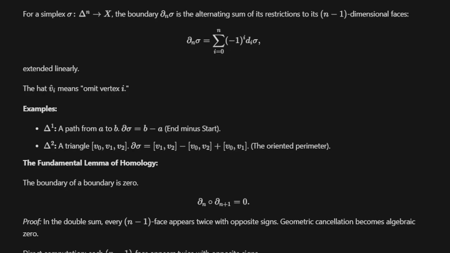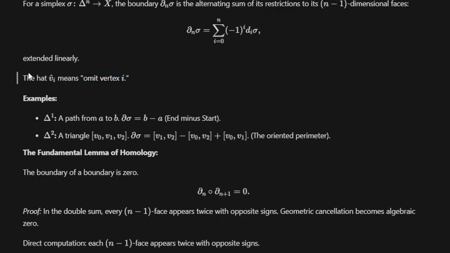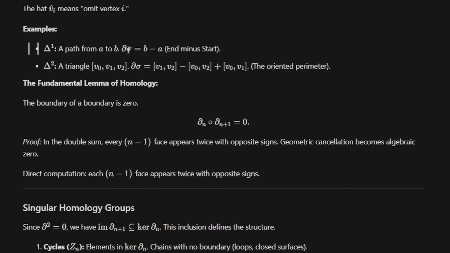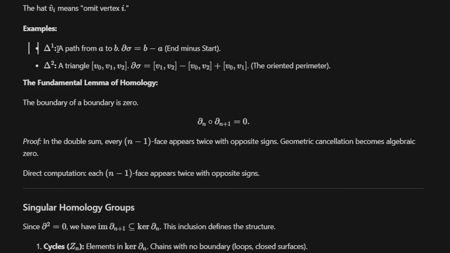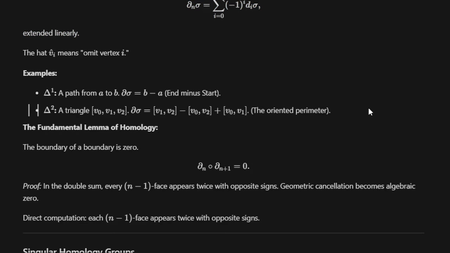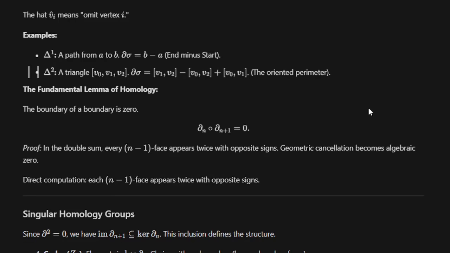And what that means is, if you have v hat here, that means omit the ith vertex. That's something to keep in mind as well, if you see v hat somewhere. But essentially, let's say we have the simplex where n equals 1. A path from A to B would then be defined as a boundary A minus B, end minus start.